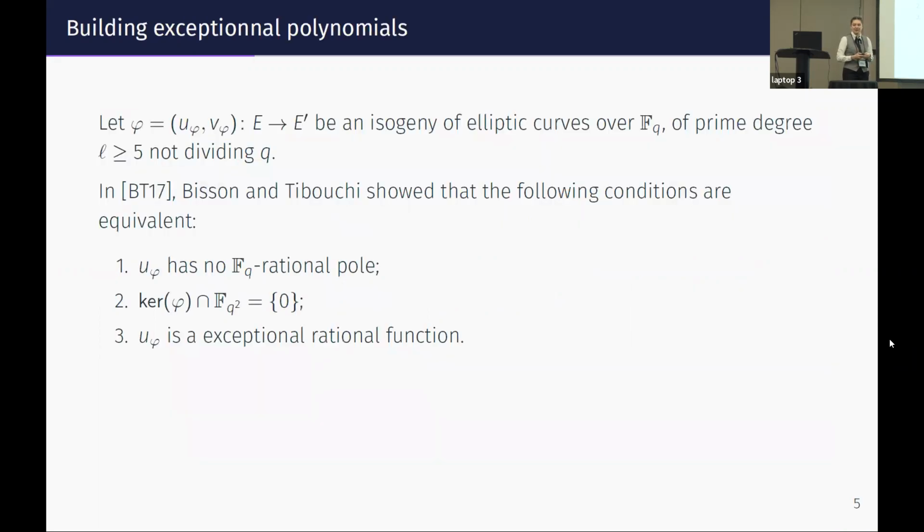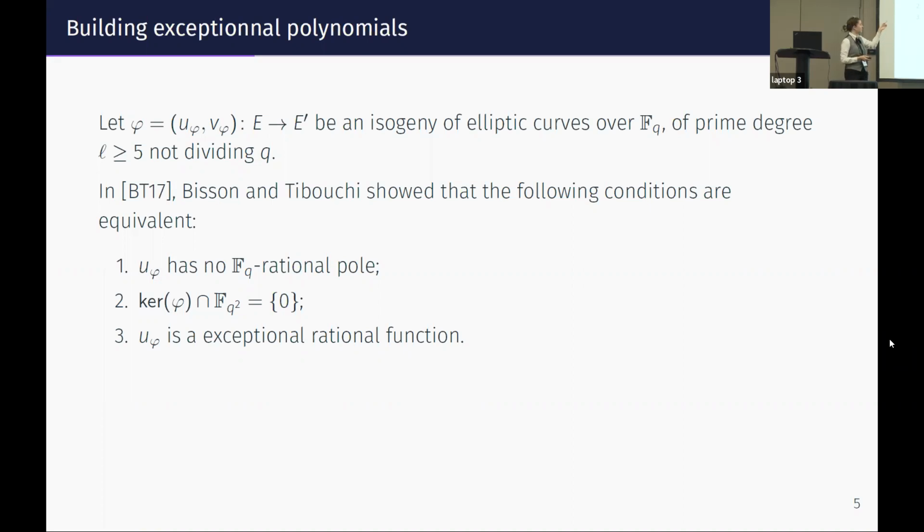Fortunately for us, we have a very interesting result from Bisson and Tibouchi that gives us a methodology to build polynomial and rational functions that are exceptional covers. Namely, if you consider an isogeny phi from an elliptic curve E to another one, that is of prime degree greater than 5, the three following conditions are equivalent.